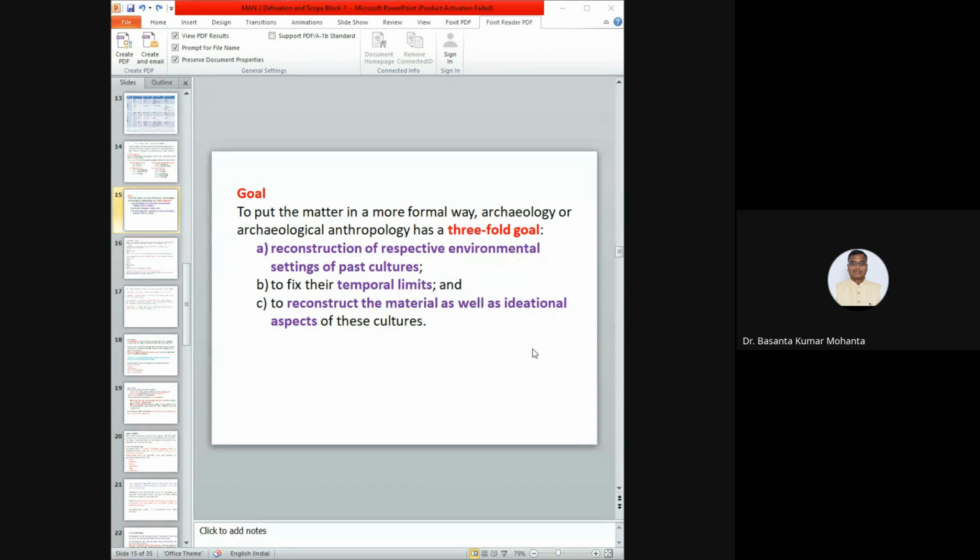Because the local environment used to play an important role in changing the culture. So with the change of environment, ecology, the culture needs to change, and also we need to fix their temporal limit, time limit, and we also try to understand their material culture and their ideational aspect of this culture.